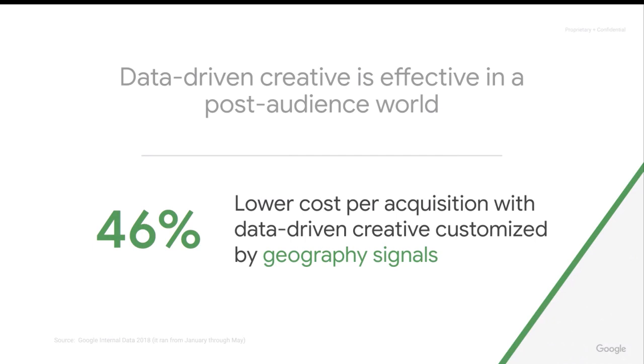So we did a study back in 2018 where we looked at geography signals as the only one in a data-driven creative campaign. And we could see 46% lower CPA with data-driven creatives customized to users per region.